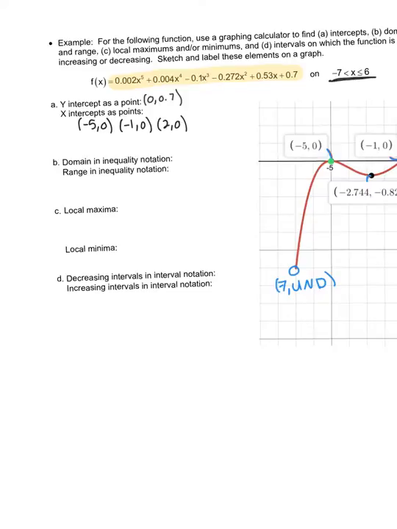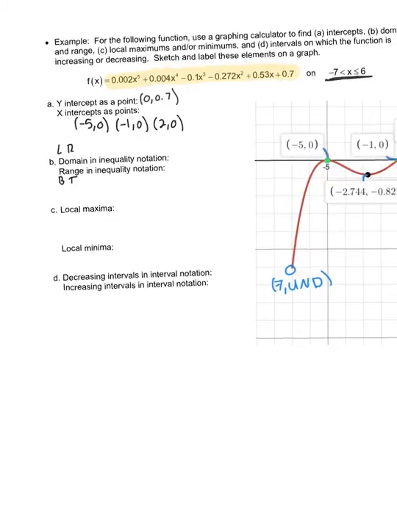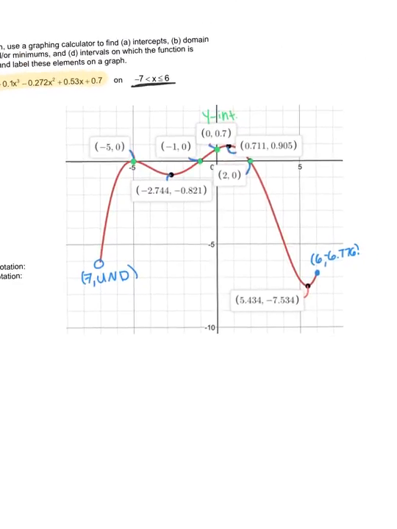Now, domain and range. Remember that your domain looks from left to right, and your range goes from the bottom to the top. So as I'm reading this graph left to right, I'm looking for the leftmost point for domain and the rightmost point for domain. So if I'm looking here, that is my leftmost point, and then here, this is my rightmost point.